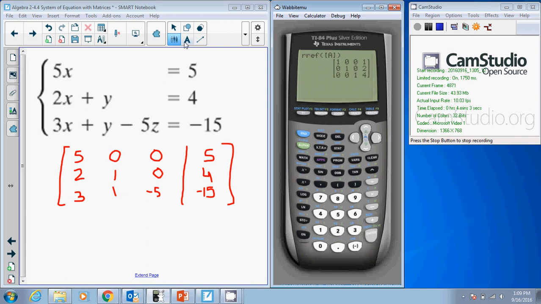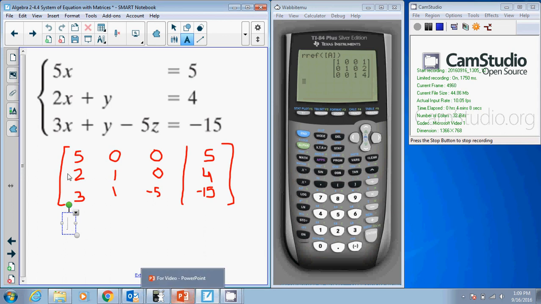I'm not going to rewrite the matrix since it's right there. I'm just going to write my new equations. So again, this system of equations is changing based on our new matrix. So we have 1x plus 0y plus 0z equals 1.